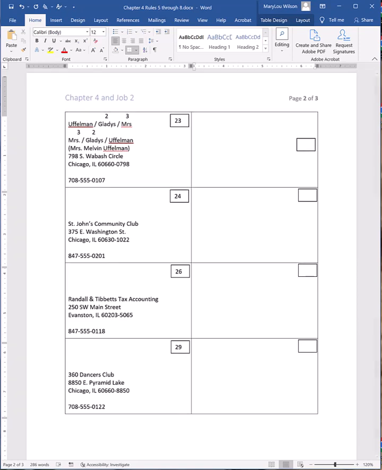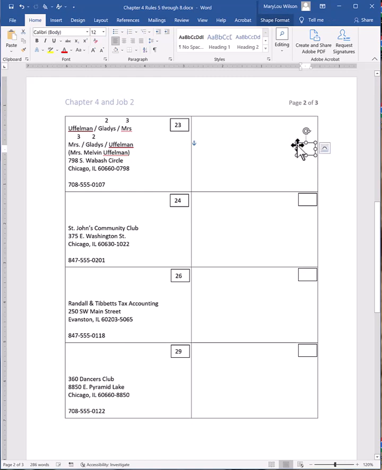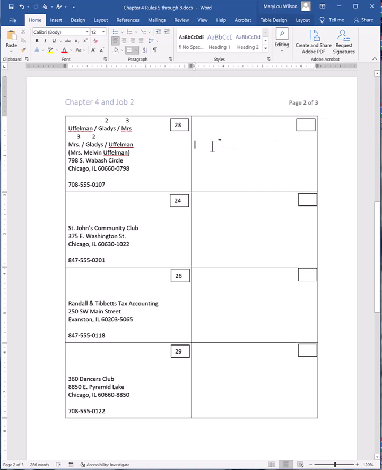This is going to be up in the corner, by the alternate name, which is Uffelman, Melvin, Mrs. So Uffelman stays the same key unit, and unit 2 becomes Melvin, and Mrs. becomes unit 3.